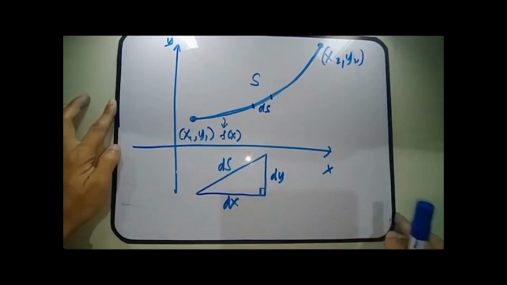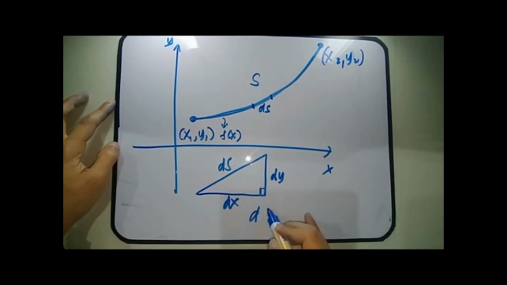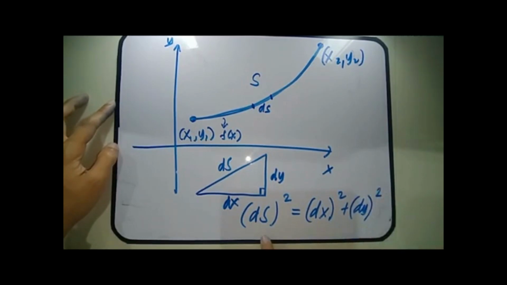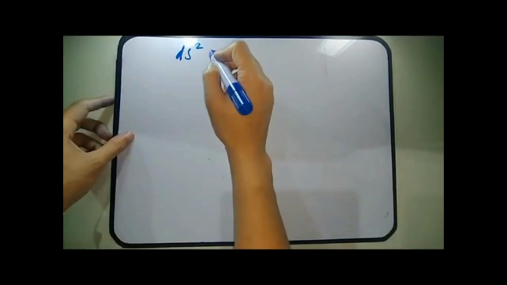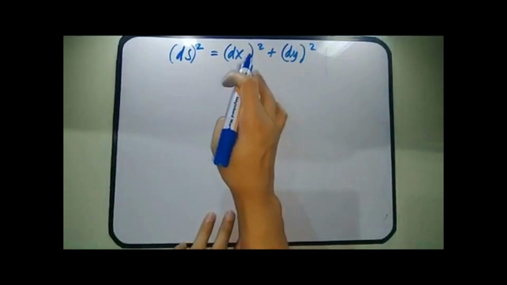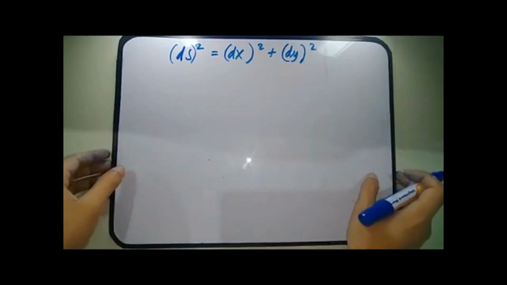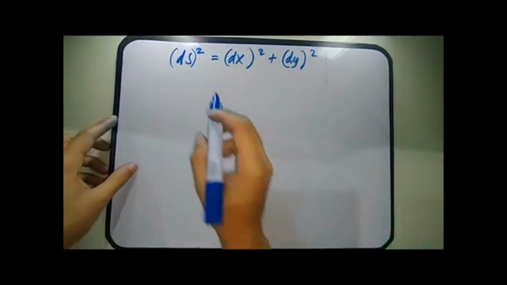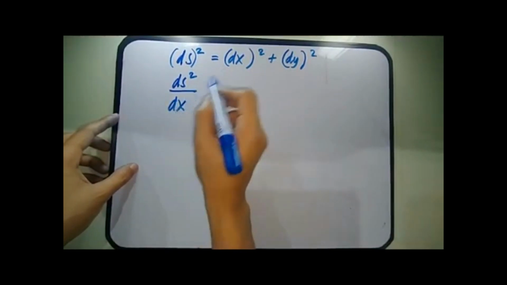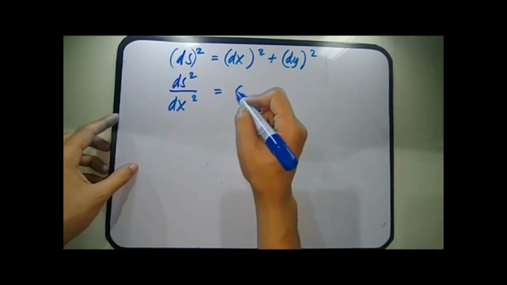So using the Pythagorean theorem, we have here differential of s squared is equal to dx squared plus differential of y squared. Then you just simplify this. Now, we divide both sides by differential of x squared in order for us to have a dy with respect to x expression.